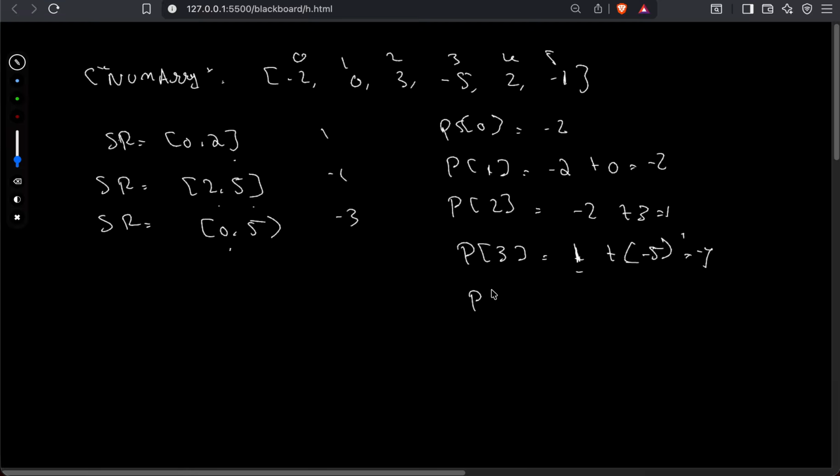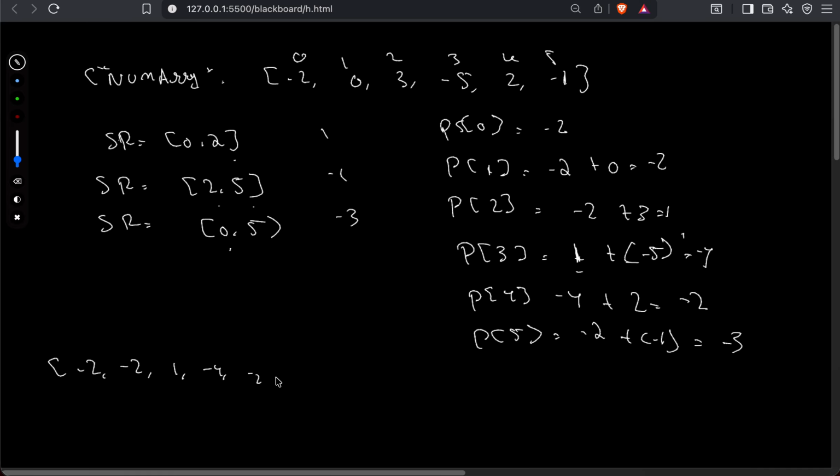Prefix of 4 is negative 4 plus 2, that was negative 2. Prefix of 5 is negative 2 plus negative 1, equal to negative 3. So the prefix of all this is -2, -2, 1, -4, -2, -3. So the output is null, just created, no answer needed.